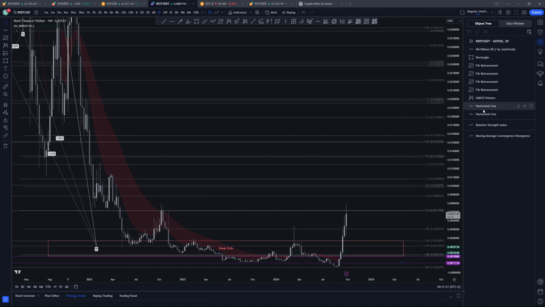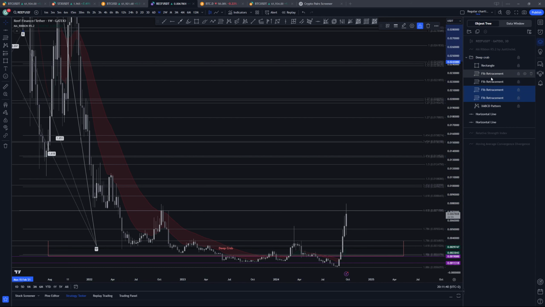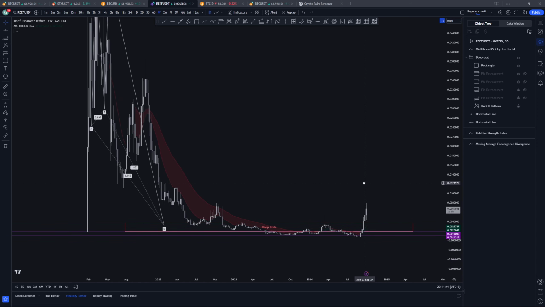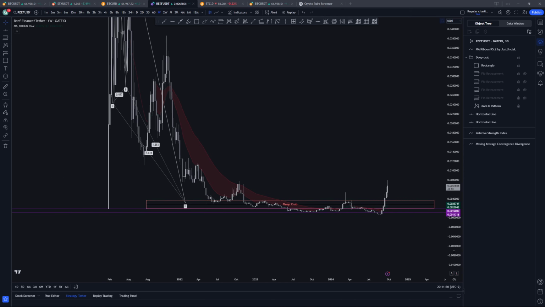So then I'm gonna just take all of this, put it in a little box, deep crab, lock it up, and there you have it. That will be my main area of interest for right now. Yeah, I'm gonna look for the W's later, for sure.